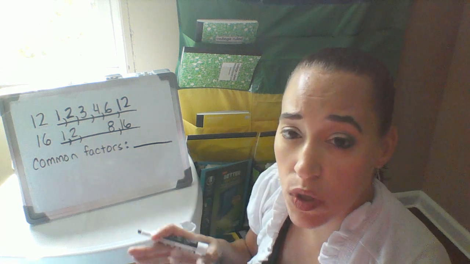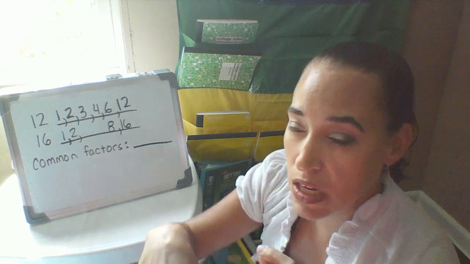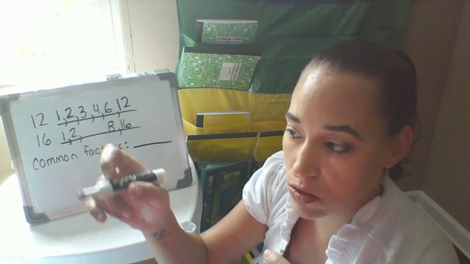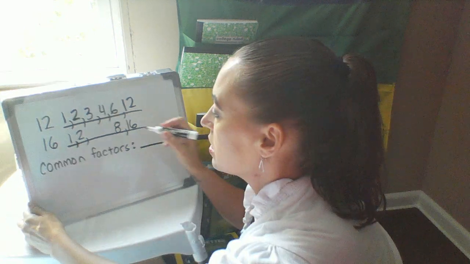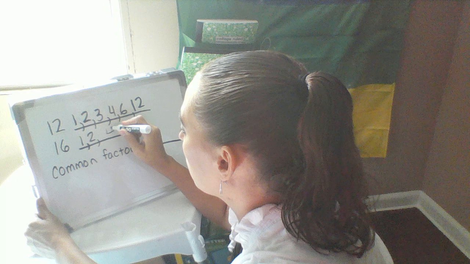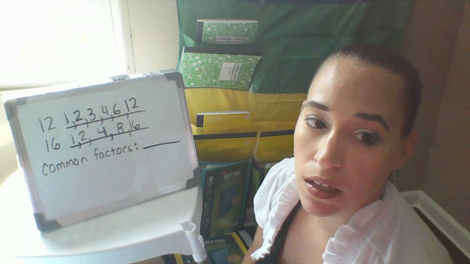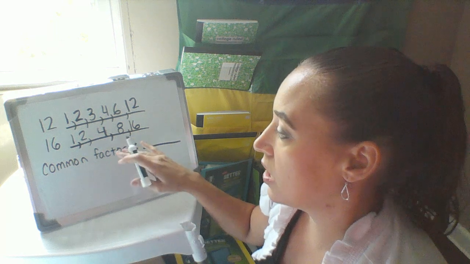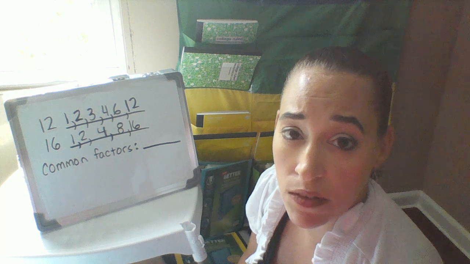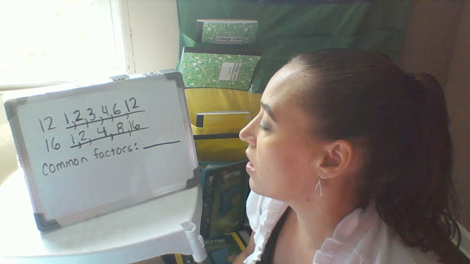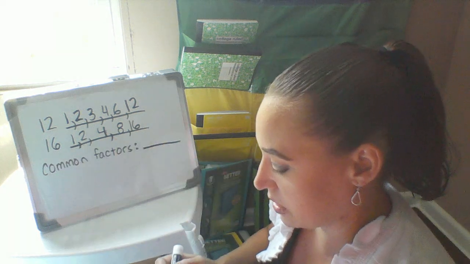That is a yes. 4 times 4 is 16. Now remember though, unless you're making that factor arc, you only write 4 once. So when you're making your factor list, I only write 4 one time. And since that's 4 times 4, that's your end number. It ends at 4. So now I've listed all of my factors of 12 and all of my factors of 16.